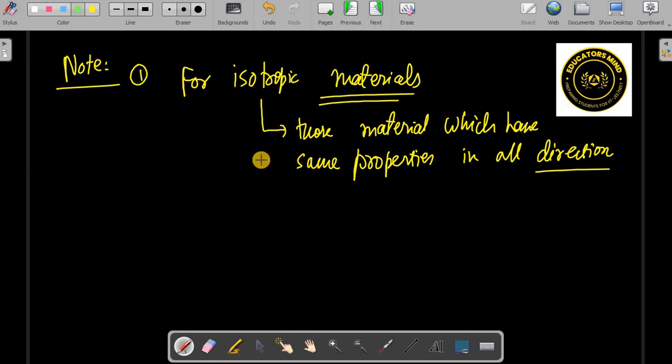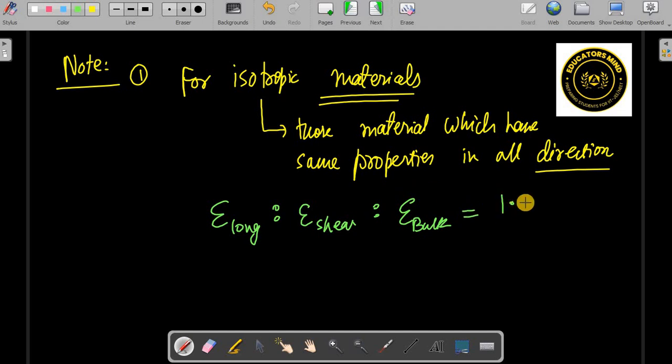Okay, so for such materials we can say that the longitudinal strain, or let's write this as ratios, longitudinal strain to shear strain to bulk strain, this ratio is 1:2:3. Okay, this we should know. Why?